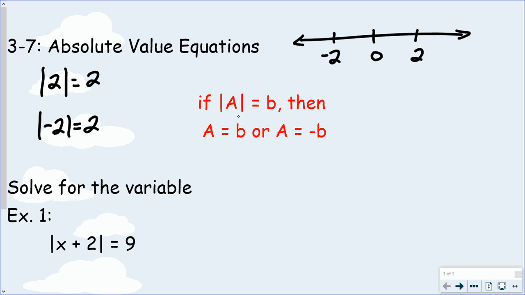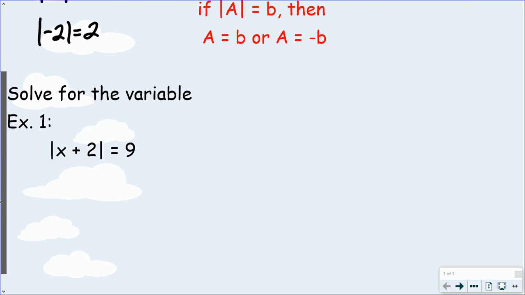It says if the absolute value of A equals B, then A could be equal to B, or A could be equal to -B, because the absolute value of B is B, and the absolute value of -B is also B. This is going to be the basis of solving equations involving absolute value.